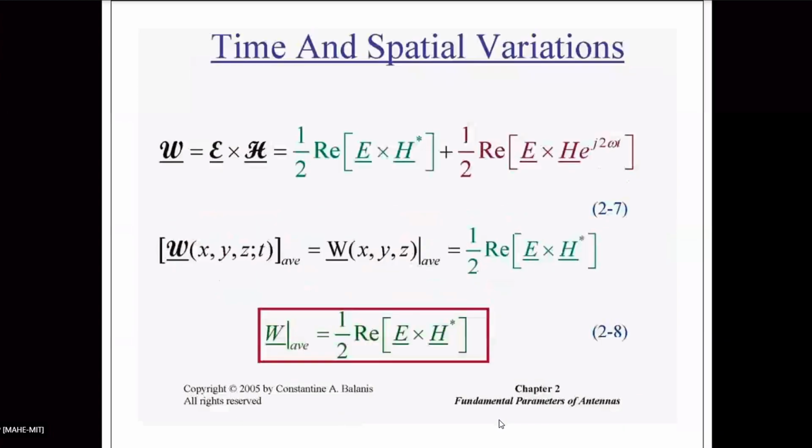Now, we can derive the expression for instantaneous W, which is equal to instantaneous E cross instantaneous H. Instantaneous W is instantaneous E cross instantaneous H. Now, we can show that instantaneous W is given by this, after some manipulation.